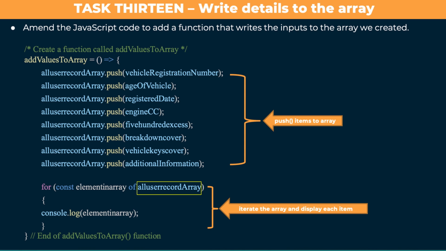So that is the name of the array. So for each element, basically, we're saying we want the console.log the element. So it iterates through that array, and we don't need to know how many items are in the array. The for of iteration will work that out for us. So whenever we would put all of that code in and call that method, it would then display the details that it has pushed into the array.